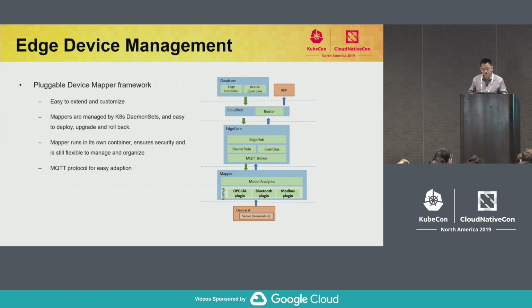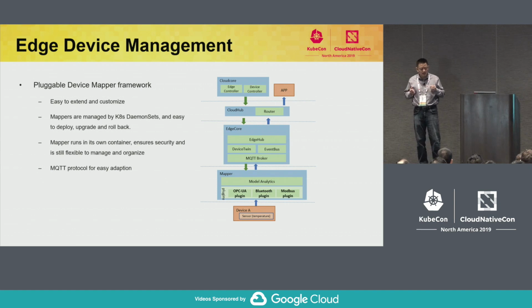And so far, we've implemented a couple of the protocol conversion plugins: OPC UA for industrial scenarios, it's a standard there. There's Bluetooth and there's Modbus. And the mapper itself is in a daemon set container. We wanted to do it this way because eventually we want this to be secured and fully isolated using Kata or other containers.